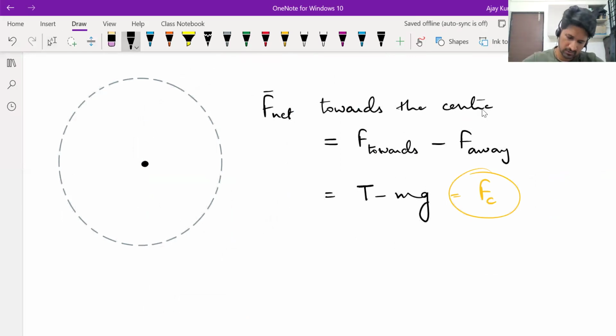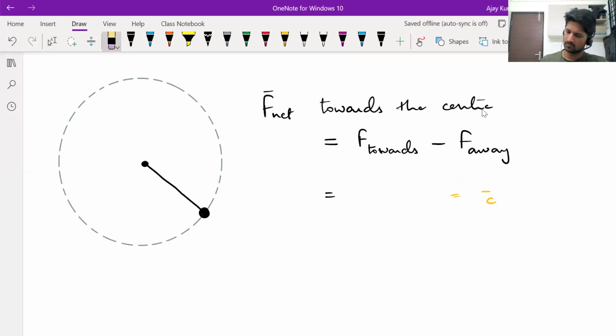Let's say the stone is somewhere here. At that moment also the forces acting on it are tension and weight. Weight as always acts in the vertically downward direction. Tension acts along the length of the string.